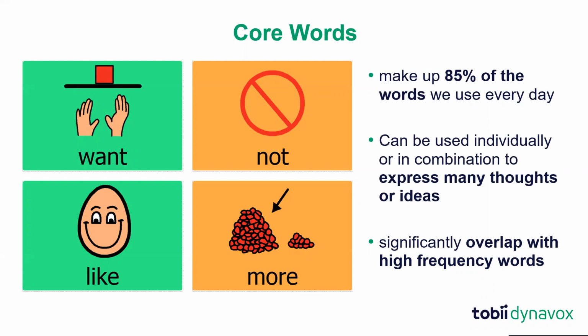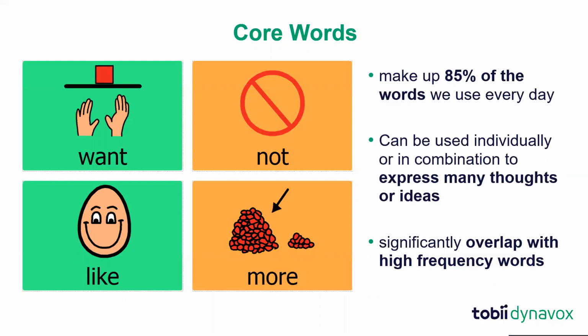We know that these 36 words, as specified by the Center for Literacy and Disability Studies, are particularly powerful in that they can be used individually to express our ideas or needs or thoughts, but even more so when they're used together. One, 2, or 3 of these words together really can allow us to say a lot of what we might be thinking.